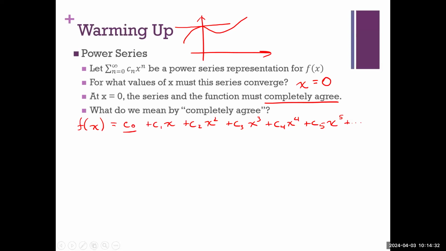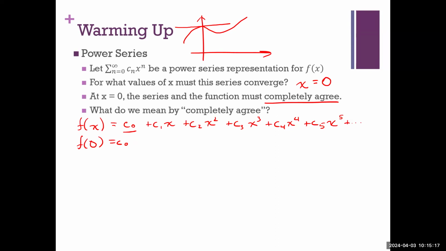I haven't really defined what complete agreement means, but if they share one point in common, that has to be part of it, right? If two functions completely agree at one point, they should at least have that point in common. So I know that f of 0 should be equal to c naught. But can we still say those two functions are the same just because they share that point in common?